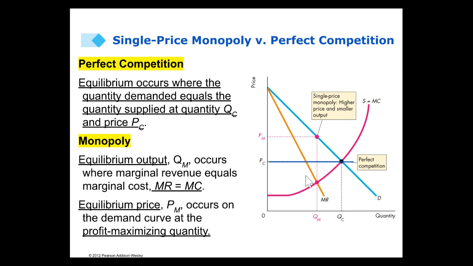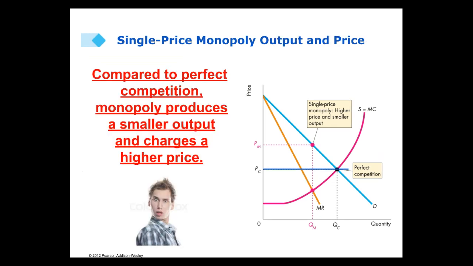In monopoly, the marginal revenue and marginal cost curves intersect here, so they produce a lower quantity, QM, and they sell it at a higher price, PM. So in monopoly, the output is lower and the price is higher. So compared to perfect competition, monopoly produces a smaller output and charges a higher price.